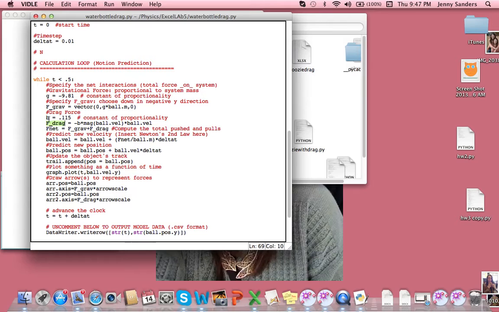I found the drag constant as 0.115, and I used the equation, the force of drag equals the negative drag constant times the magnitude of the velocity times the velocity of the ball.